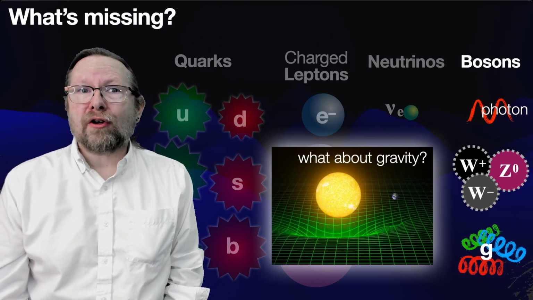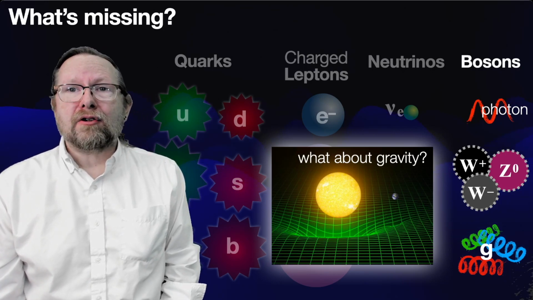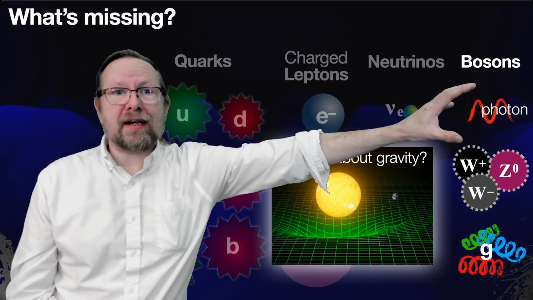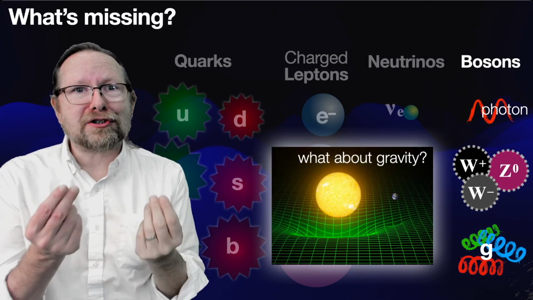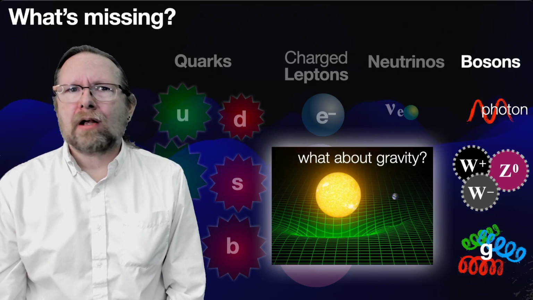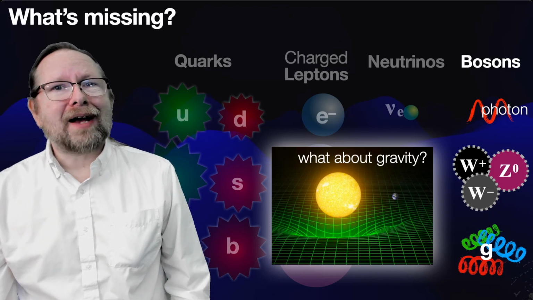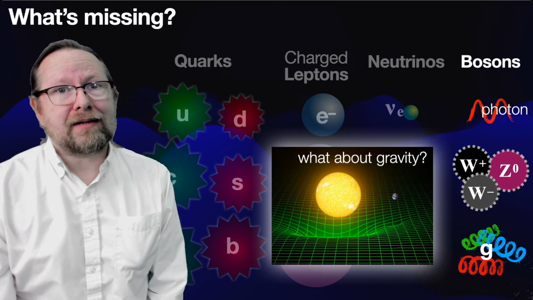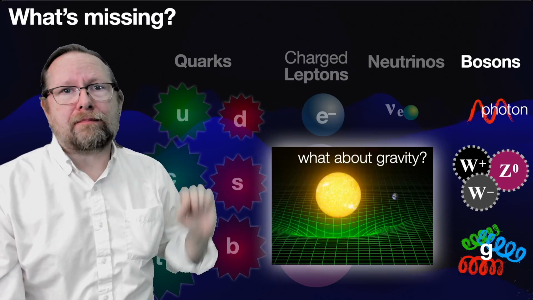Maybe there's a smallest amount of space-time curvature you can have. Maybe, just like a photon is the smallest amount of electromagnetic energy, there's something called a graviton, which is the smallest amount of space-time field energy. The problem is, we don't have any theory for that that works. We don't have a quantum theory of gravity. Okay? Our theory of gravity is completely separate from the standard model.